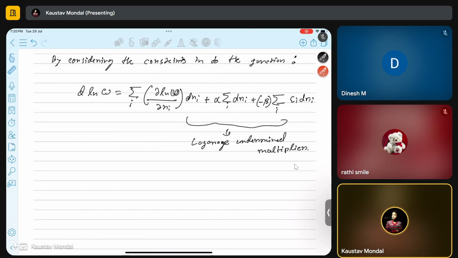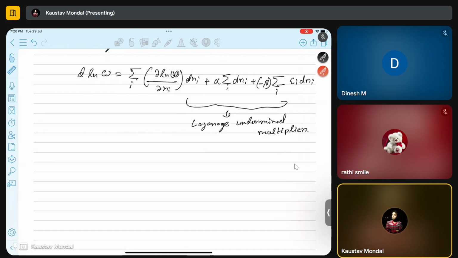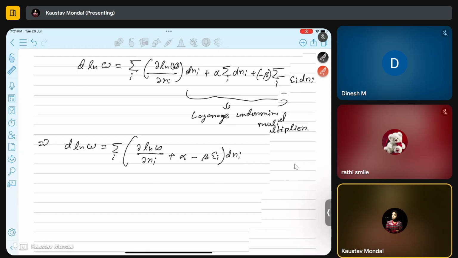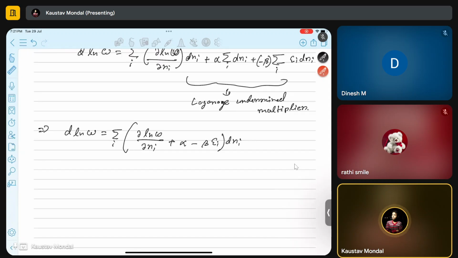Now let me write the whole thing. If we write it in a proper way, it looks like this: d ln w is the summation over i of delta ln w by delta ni plus alpha minus beta ei. You can take dni as common. And this whole quantity we have to equate with 0, right? This is our main goal.